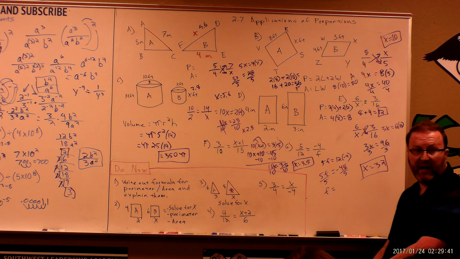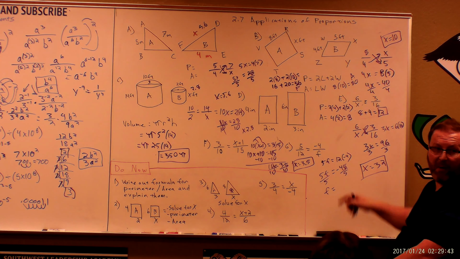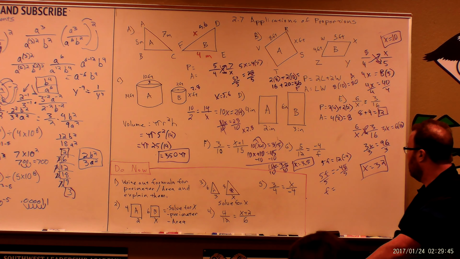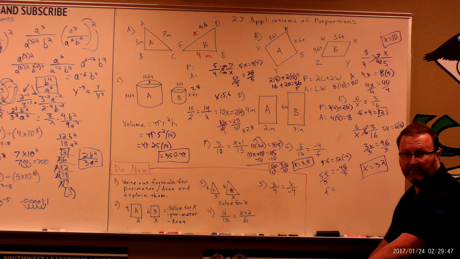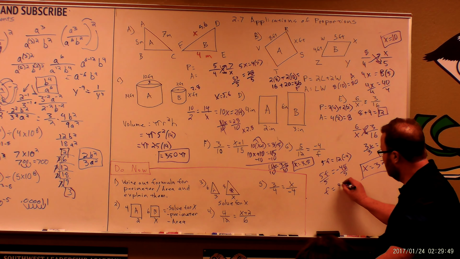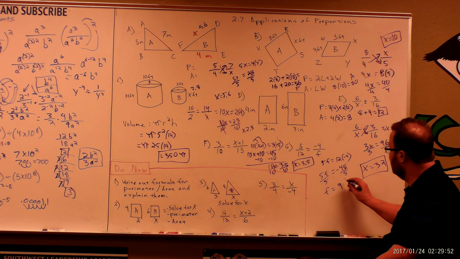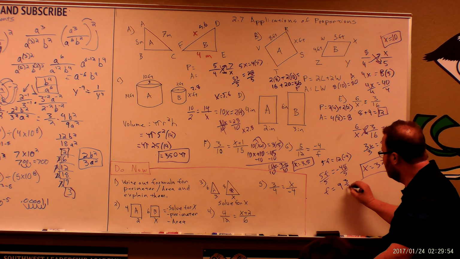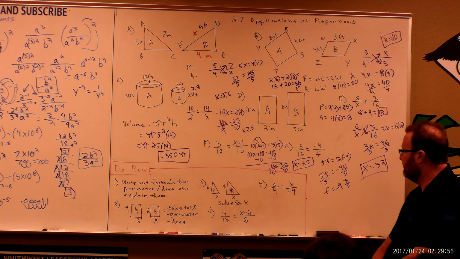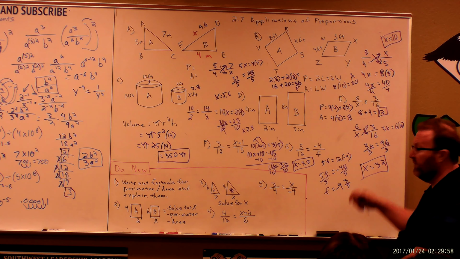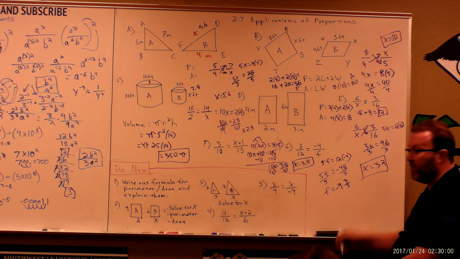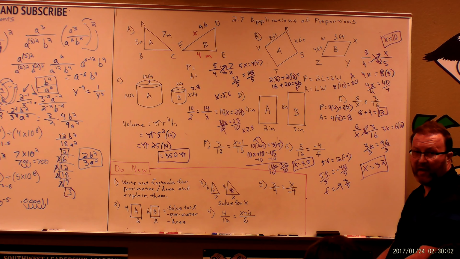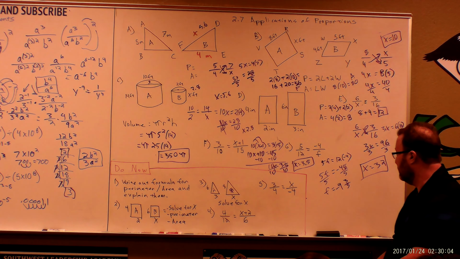Negative, because it's a negative divided by a positive. Okay, so what's my answer there? Negative 6, or 48 divided by 5. I took it improper, turned it back proper. But you can use a decimal in that case, it's fine because you're not graphing.